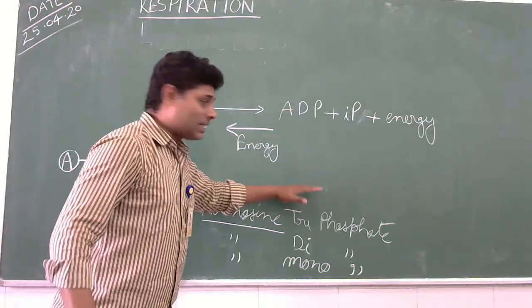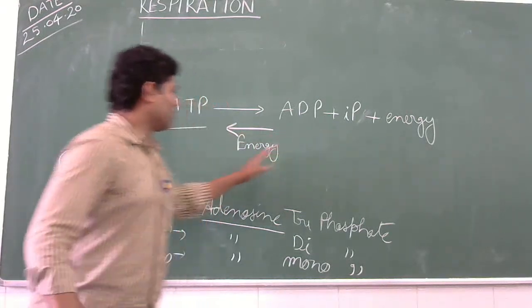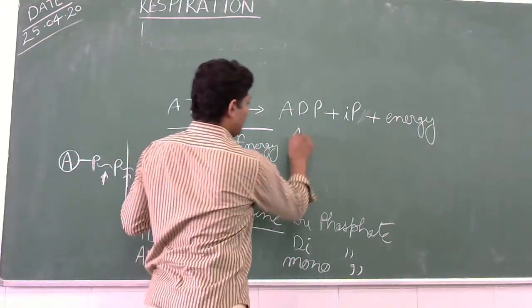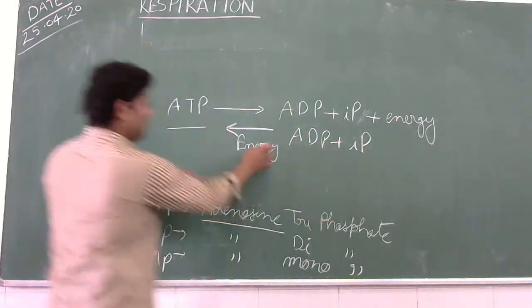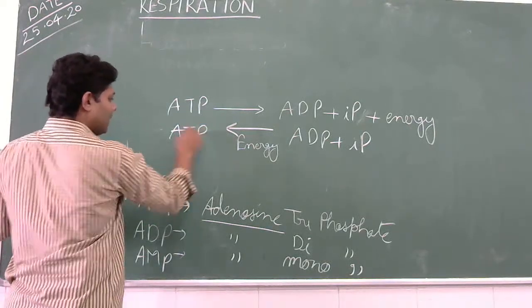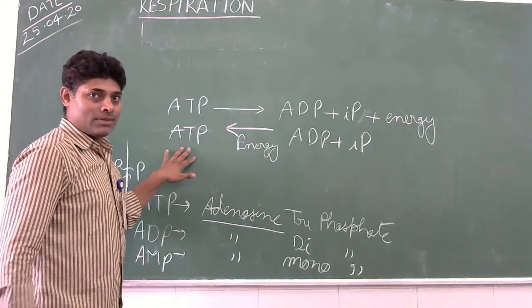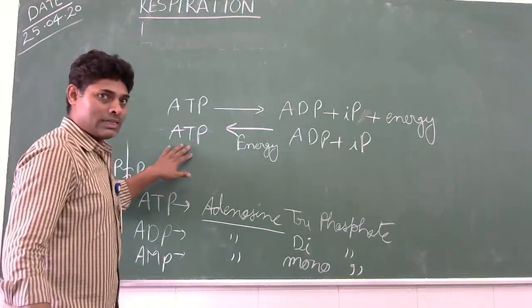So in photosynthesis, ADP plus inorganic phosphate carries the energy and makes ATP molecule, right? And they will perform the different processes further.